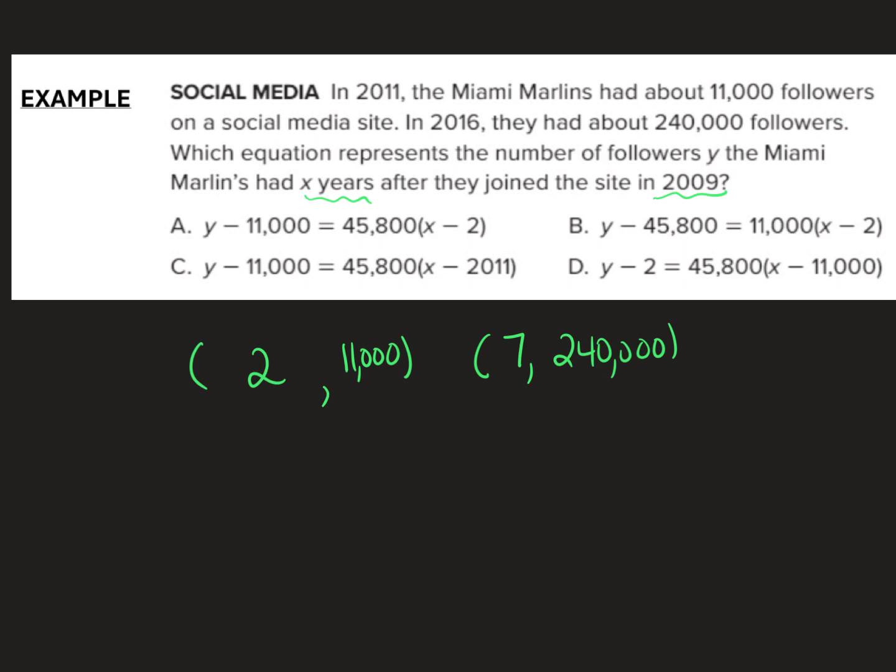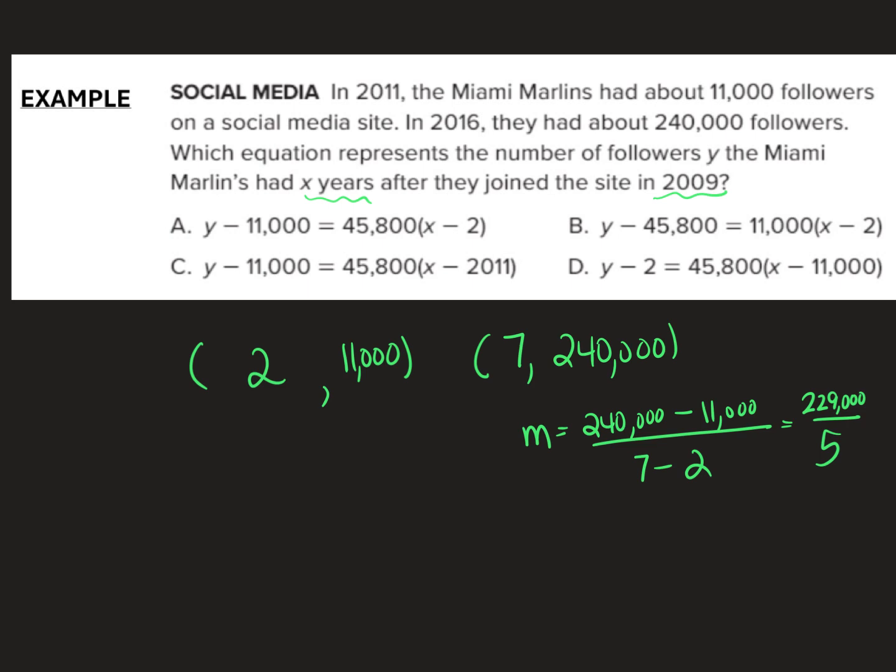So the first thing we need to find is our slope. Slope is y2 minus y1 divided by x2 minus x1. I'll have 5 in the denominator. In the numerator, I will have 229,000.